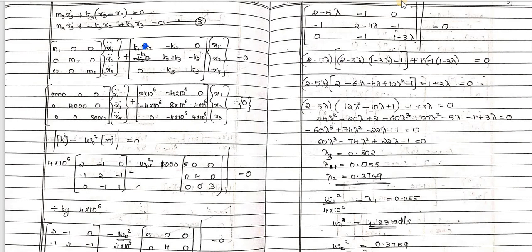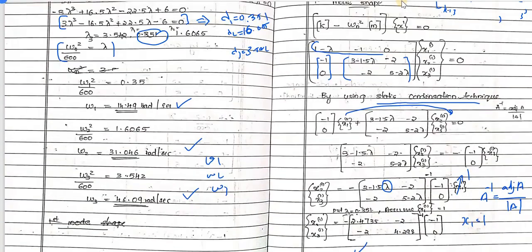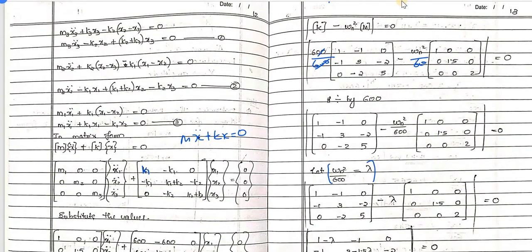So here this is not there. This is wrong. Here it is K1 plus K2, minus K2, K2 plus K3, minus K3, K3 minus K. So here also there is a small thing you need to understand. Here it is K1, here it is minus K2, K2 plus K3, then here minus K2, like that only. Here it is K3 only it will be coming.